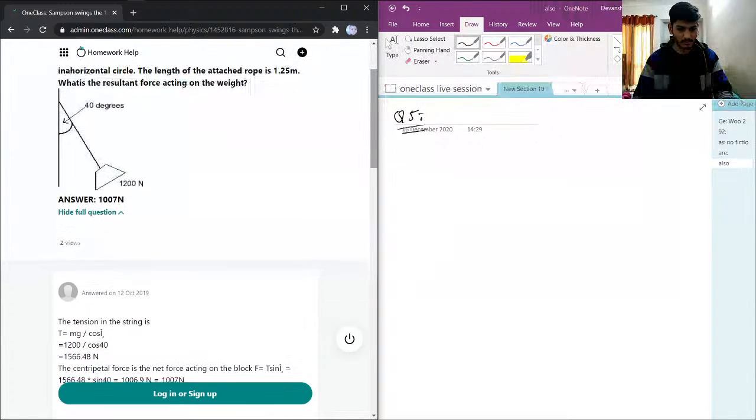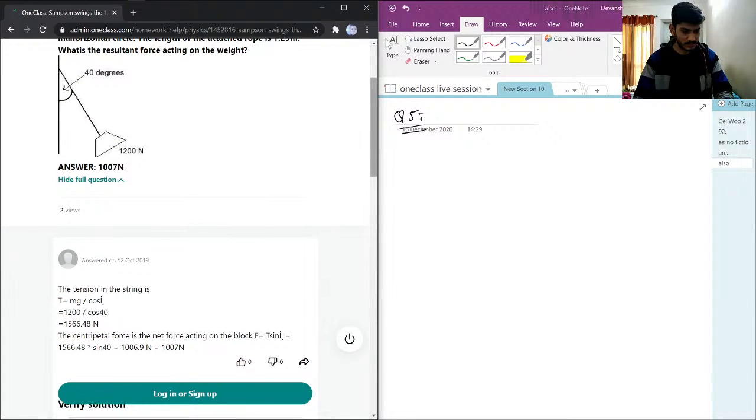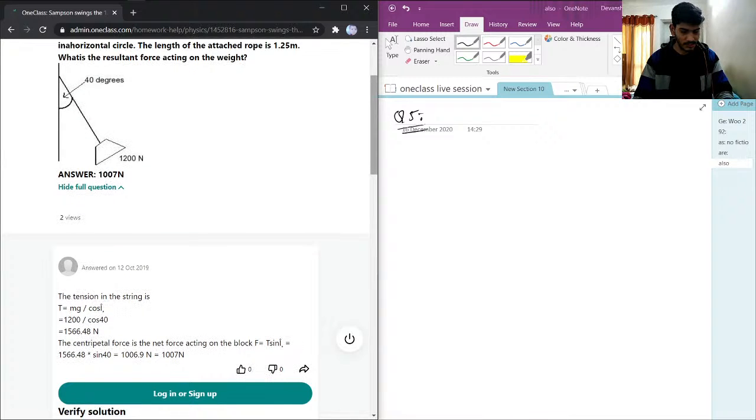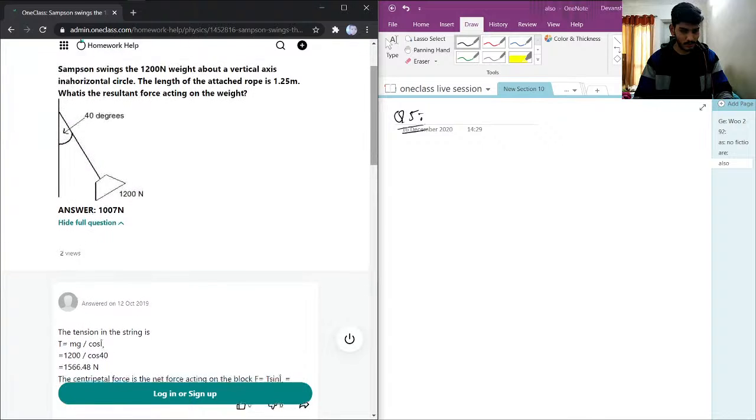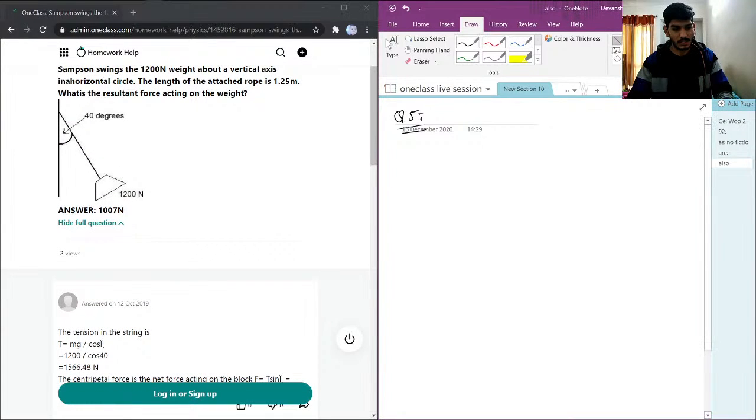So basically we need to find the centripetal force. I'll just try to draw this diagram.